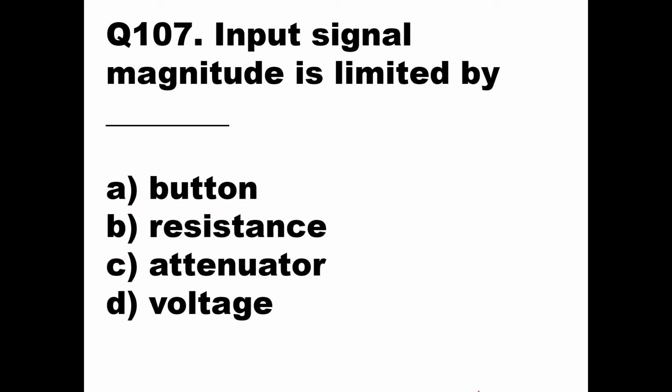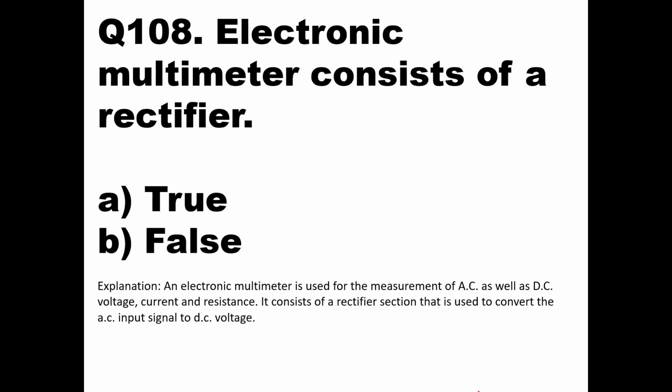Then we'll go to the next question, question number 107. Input signal magnitude is limited by. Input signal can be limited by a resistive circuit, and a resistive circuit is nothing but an attenuator. So out of these four options, C, attenuator, will be the right answer, which can give you a limitation in the magnitude of the input signal. Then we'll go to the next question, question number 108.